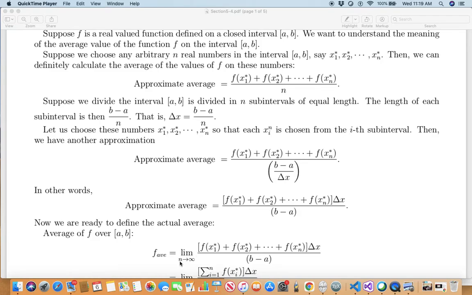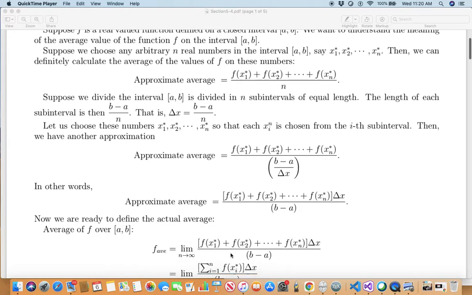In other words, you're making the number of intervals go to infinity, so each subinterval gets thinner and thinner. So n approaches infinity. This is very similar to the limit of Riemann sums. It's the same theory we are using.